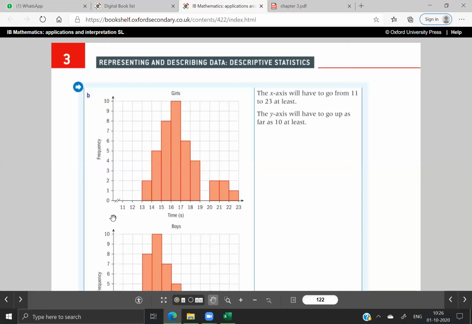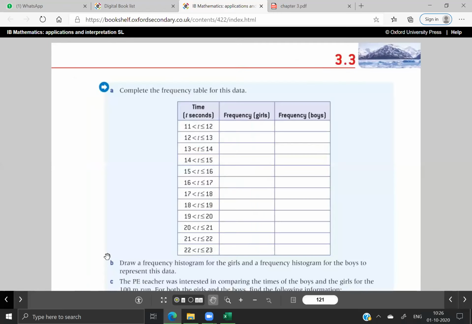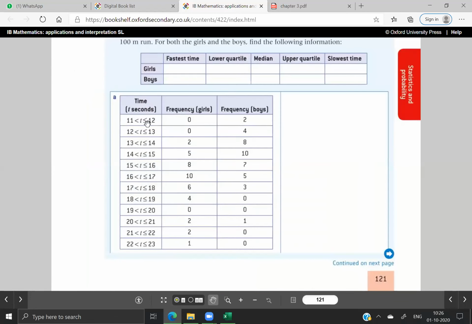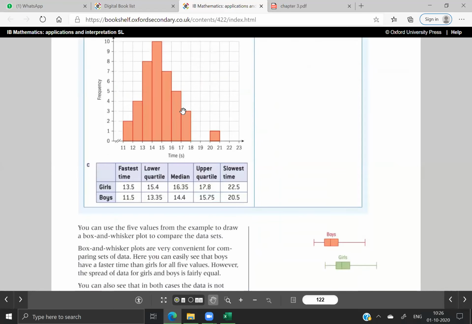How many were there for 13? Let us go back and see in the table here. For 13 to 14, girls, there were 2. So your bar here is till 2. This way you continue, and similarly for the boys it is drawn.